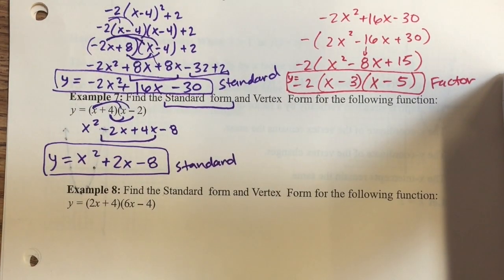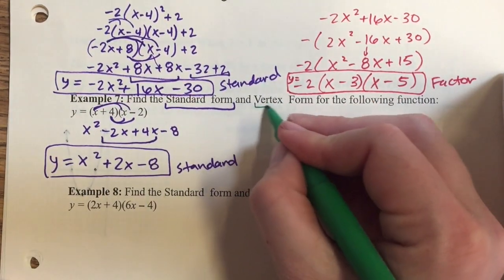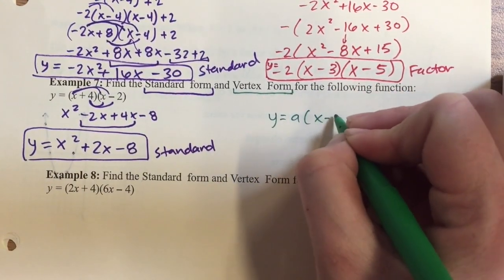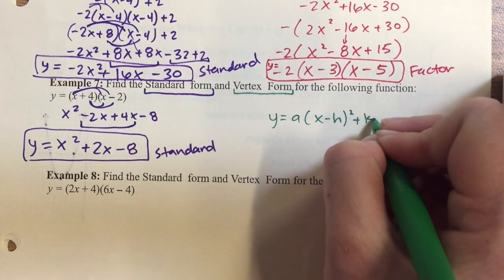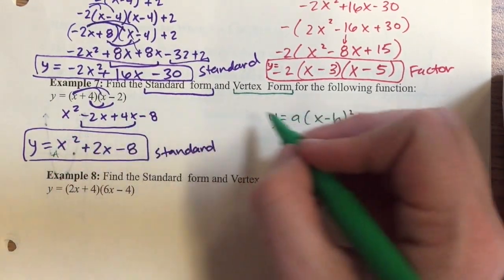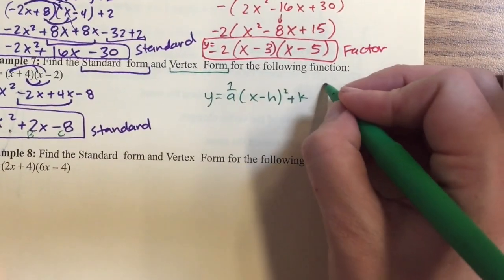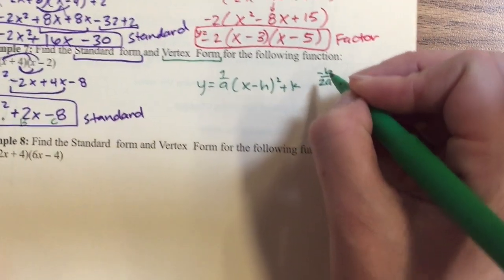Then it wants us to find vertex form. So I would have y equals a(x minus h) squared plus k. A is a 1. B, c, so I do negative b over 2a.